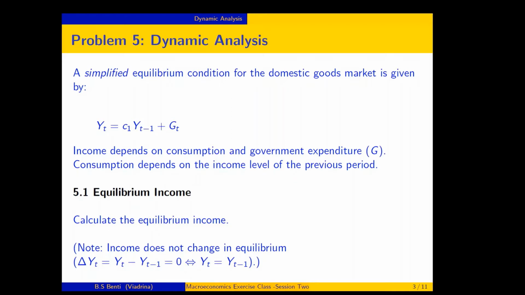The first sub-question in this problem number 5 is to calculate the equilibrium income given the assumption that there is no change in income level, or in other words, our delta yt is equal to 0, or in other words, our income at time period t is equal to our income at time period t minus 1, or our income at the current period is equal to our income from the previous period t minus 1.